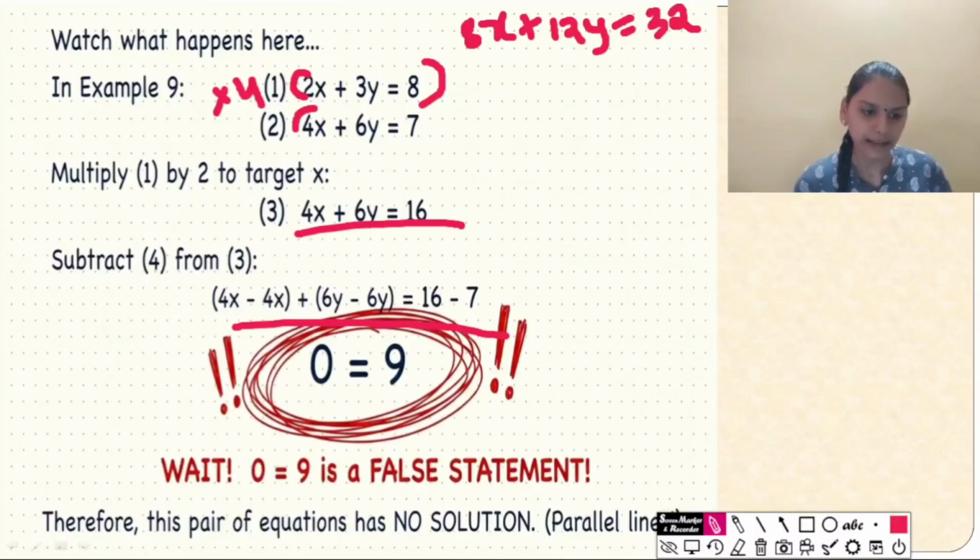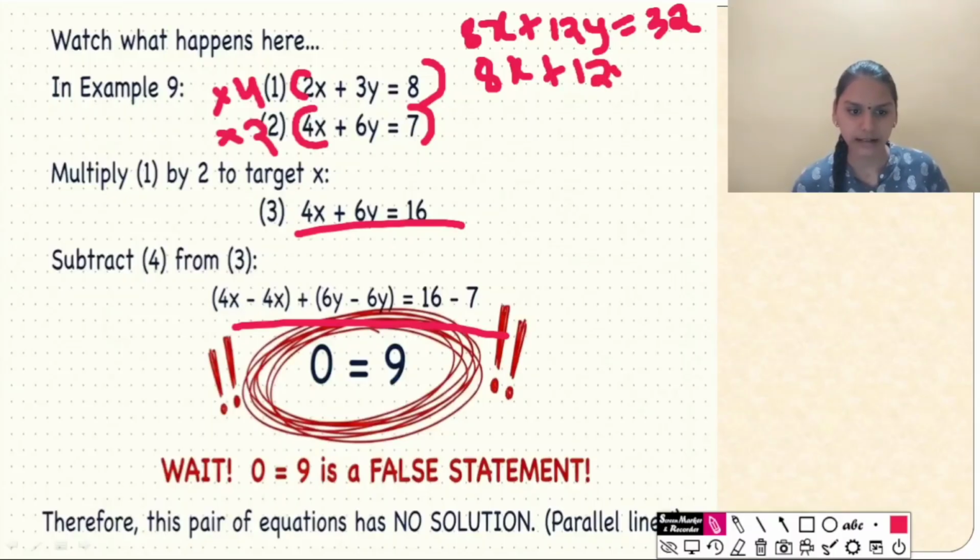Next, multiply this with 2. Now 2 4s are 8x plus 2 6s are 12y is equal to 2 7s are 14.